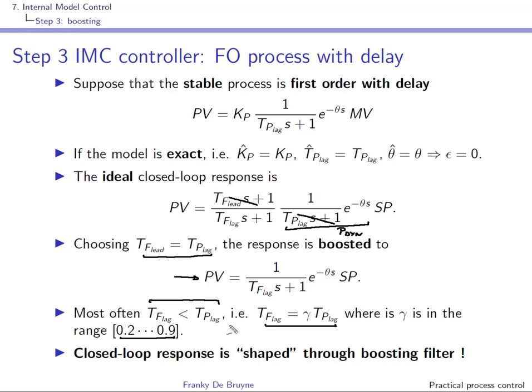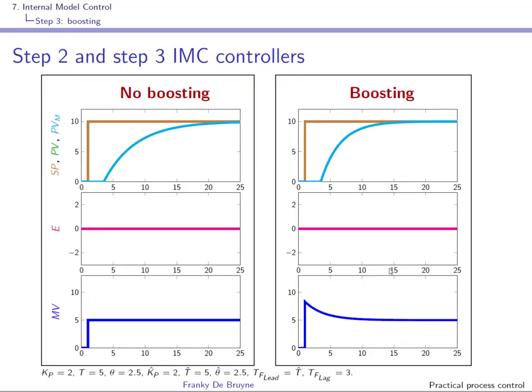Of course, the smaller gamma, the faster the closed loop response, but also the more aggressive the control. So you can see here that the closed loop response is shaped using this lead lag boosting filter. So we could also call this filter a shaping filter. Well, let us take the example of the step 2 IMC controller.